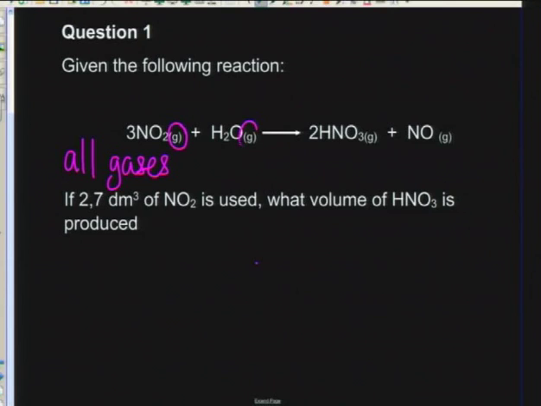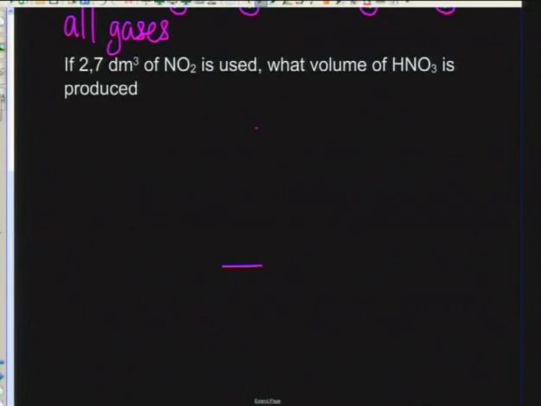Well, we get given those little small g's, which means this is all in the gaseous phase. Next, if 2.7 cubic decimeters, dm cubed, of NO2 is used, what volume of HNO3 is produced?